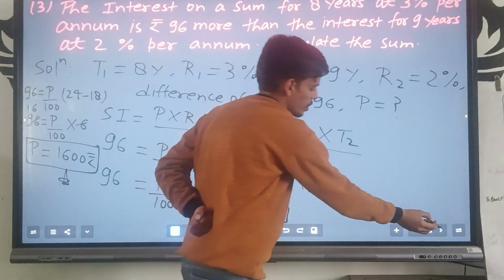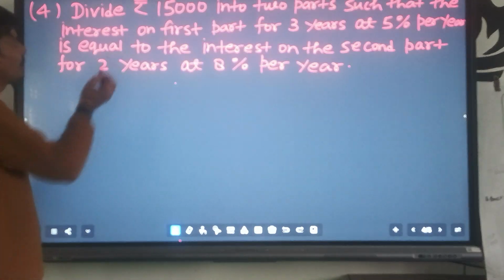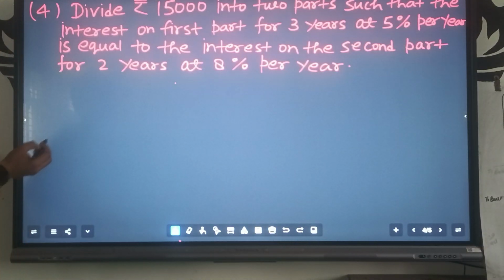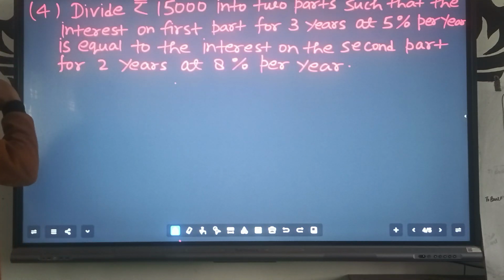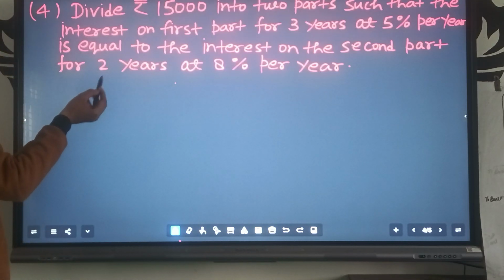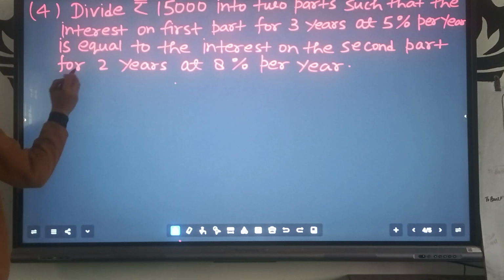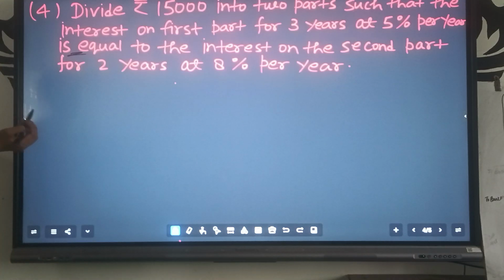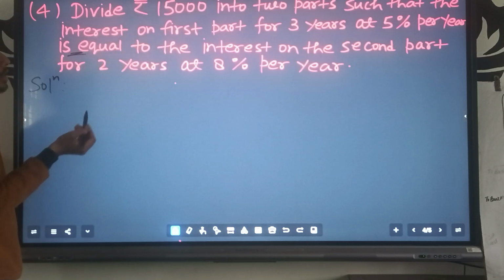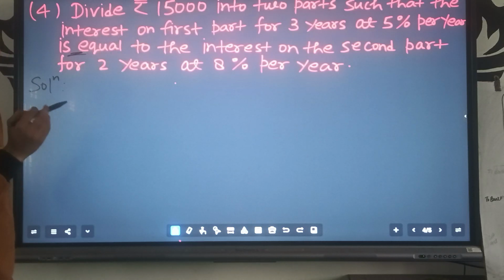Our next question, question number 4. Divide rupees 15,000 into two parts such that the interest on the first part for 3 years at 5% per year is equal to the interest on the second part for 2 years at 8% per year. The value of P is 15,000 and we divide it into two parts, but the ratio is not given.